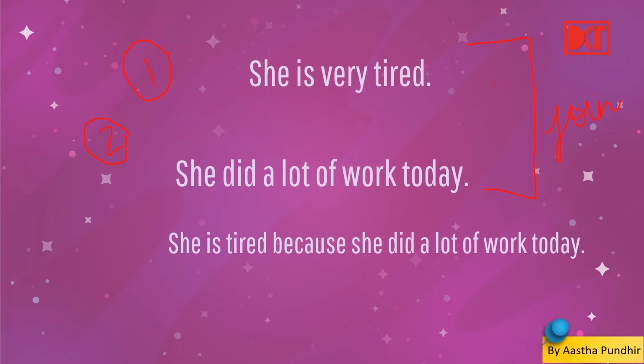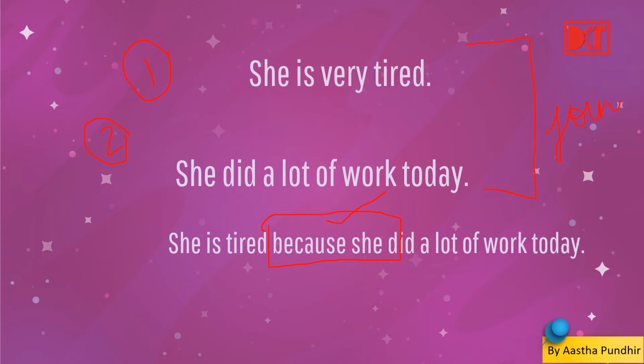Through conjunctions. Conjunctions को use करके she is tired because she did a lot of work today. ठीक है, she is tired because वो tired है क्योंकि उसने इतना सारा काम किया आज.